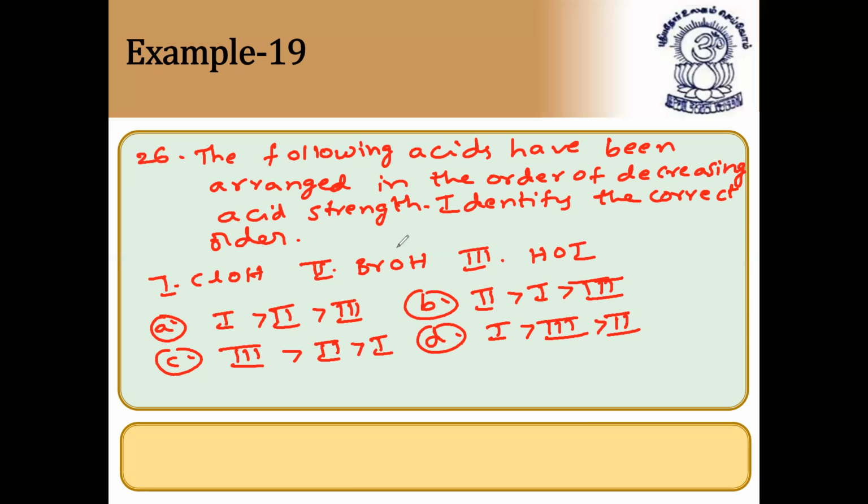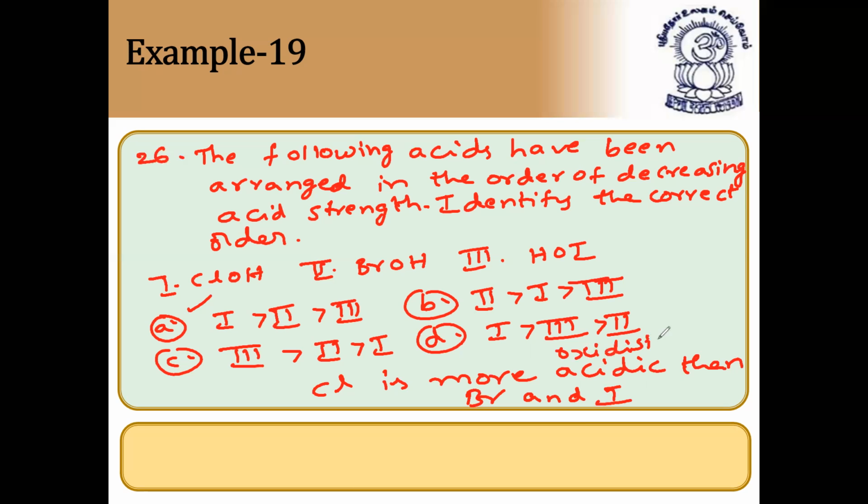The answer is the first option, because chlorine is more acidic than bromine and iodine. So the answer is 1, 2, 3. Chlorine is more acidic, which means it is more oxidizing, because the oxidizing nature goes fluorine, then chlorine, then bromine, then iodine.